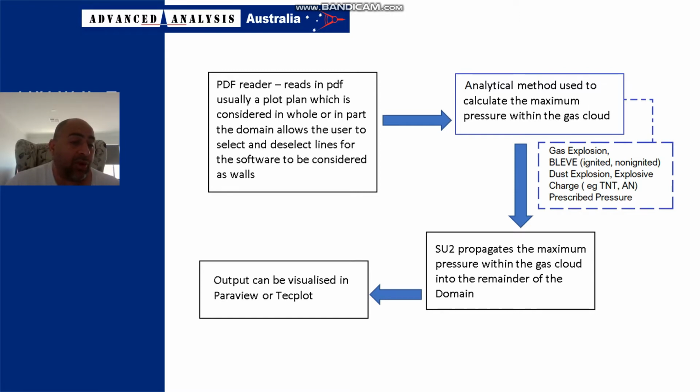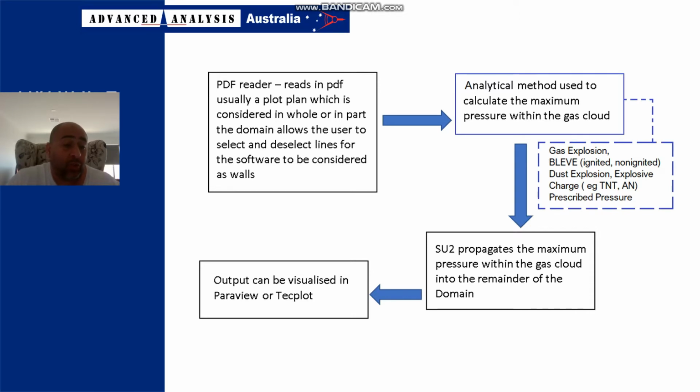For that, you don't need any combustion or BLEVE parameters or dust explosion parameters. What you do need is just the pressure of the tire at which it ruptures, and you can do that as well. So it's got a lot of versatility. Pretty much anything that explodes will be programmable in this.